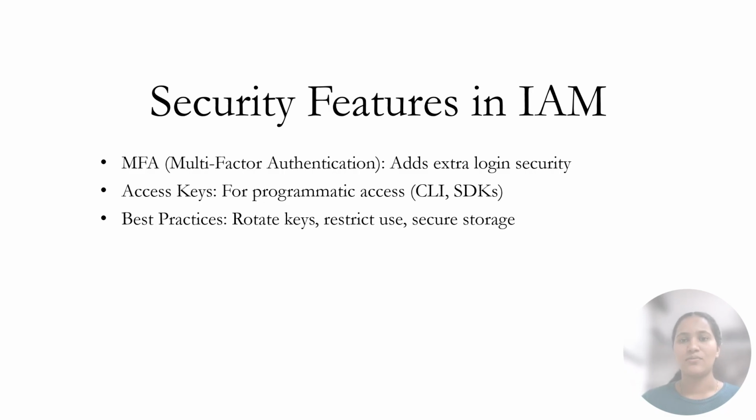For instance, when you log into your online banking account, you first enter your password, and then you get an OTP to your phone for getting in. This is like how IAM uses MFA, multi-factor authentication, to provide extra security, making it tougher for unauthorized people to get into your AWS account.